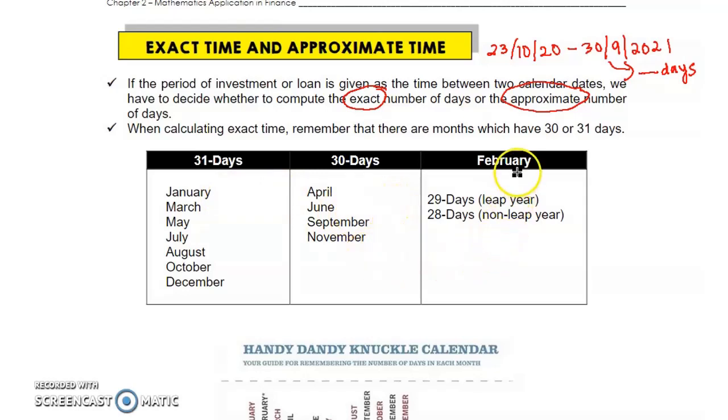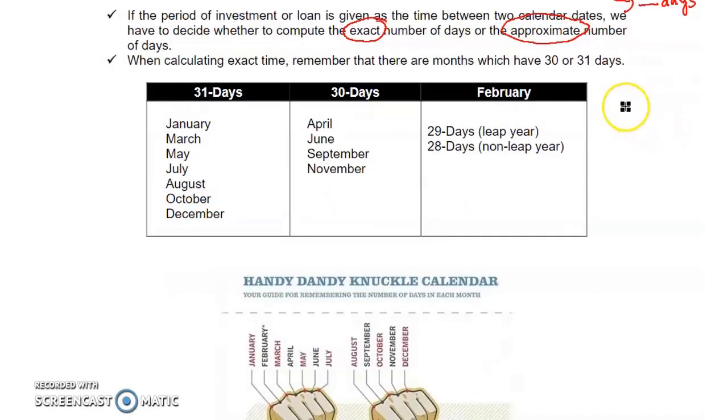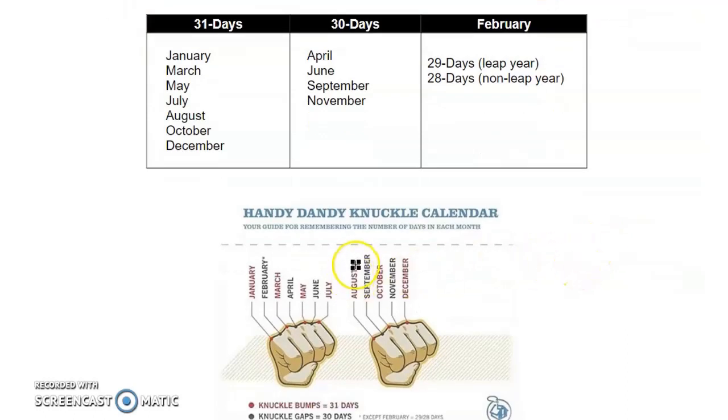For February, a special case, if leap year, 29 days, if non-leap year, 28 days. So that's why in 1 year we have 365 days or 366 days. If you want to easily remember the number of days in a particular month, use your knuckles. Bumps up means 31 days, so the other will be 30 days.